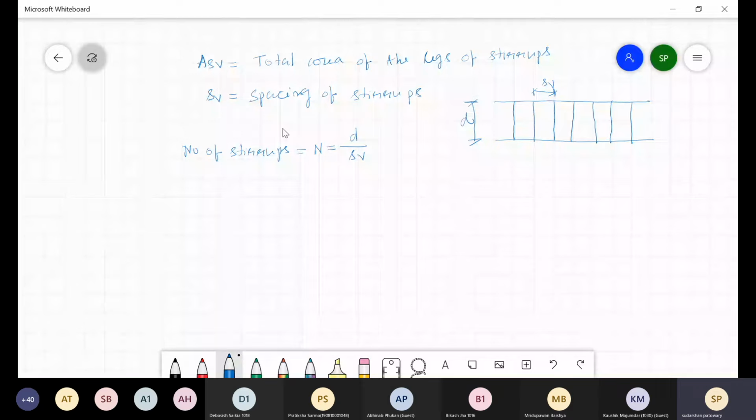Now, the total shear resistance of the vertical stirrups, because these are held vertically.